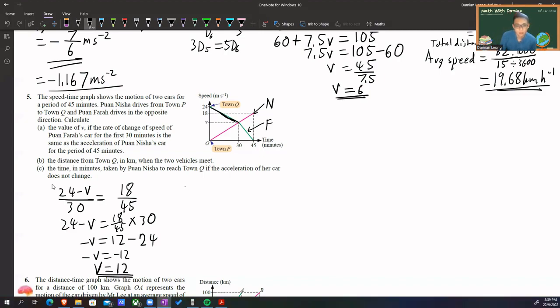Then, now for part B, the distance from town Q in km when the two vehicles meet. This question actually is wrong.